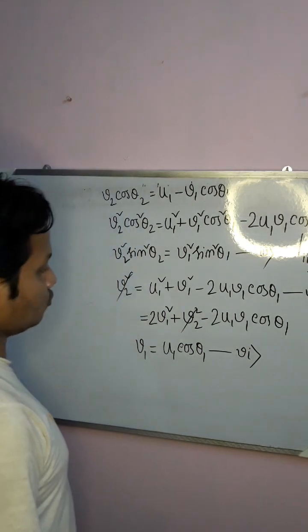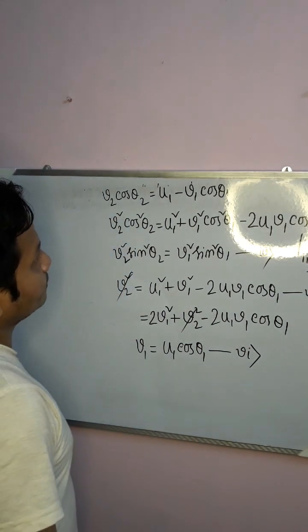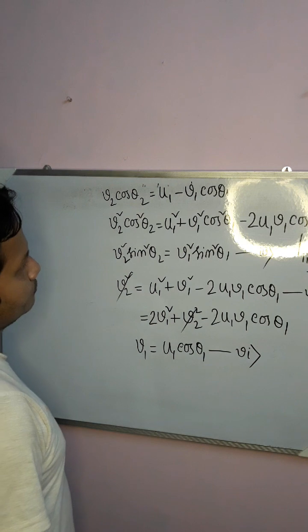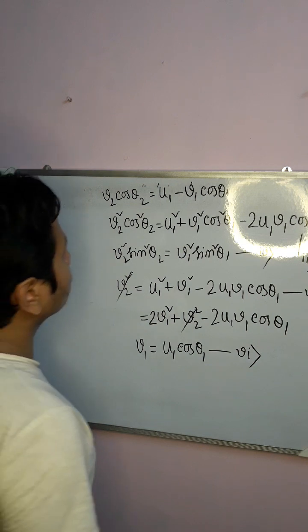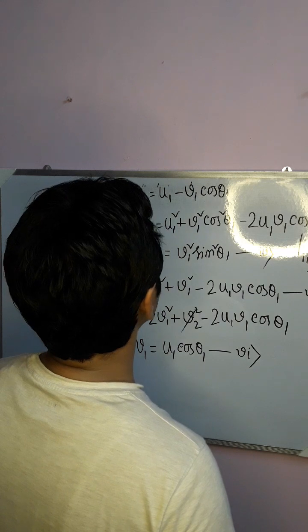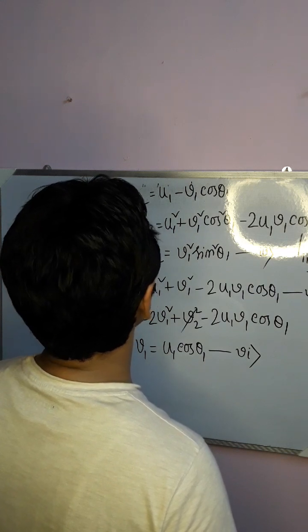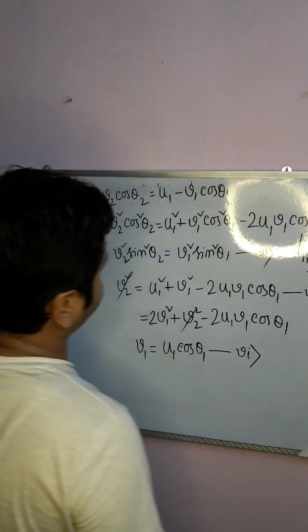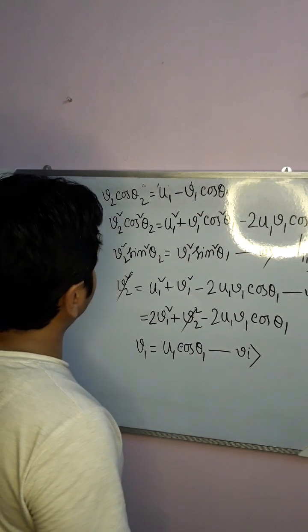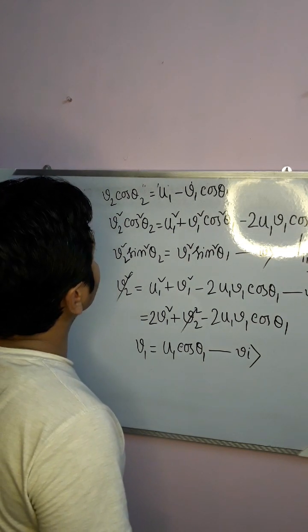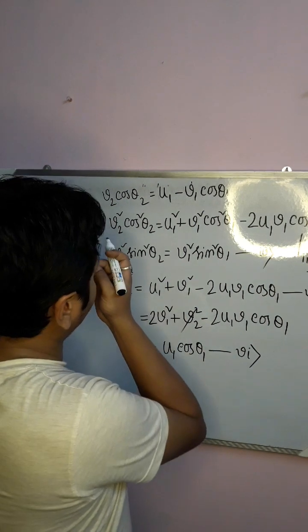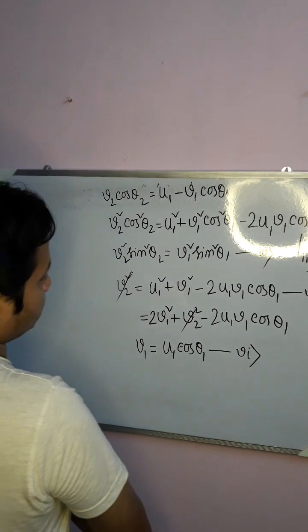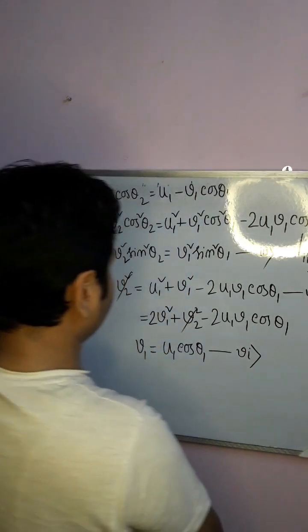Okay, v1 equals u1 cos theta. Now we get v1 equals u1 cos theta 1.